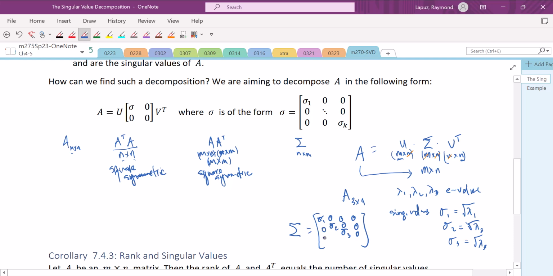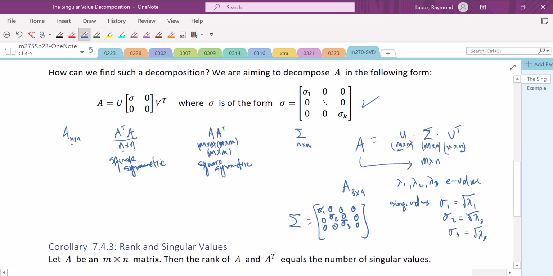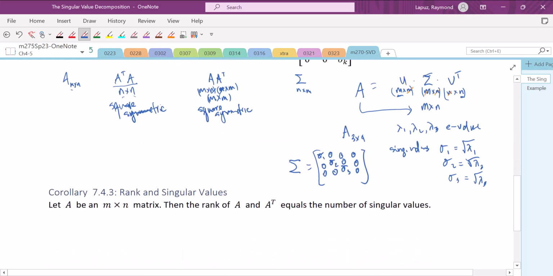And then we have these things. So this is a 3 by 4 matrix that would satisfy this form of sigma. Okay? So that's the idea behind creating your matrix.